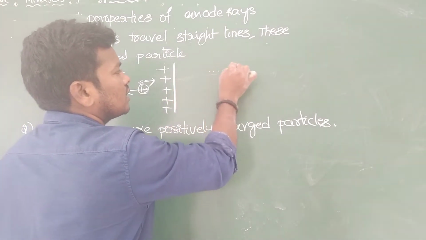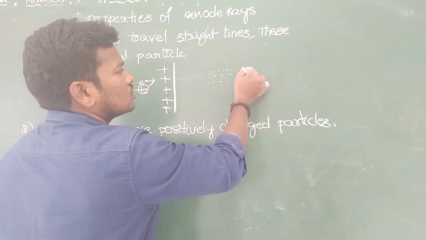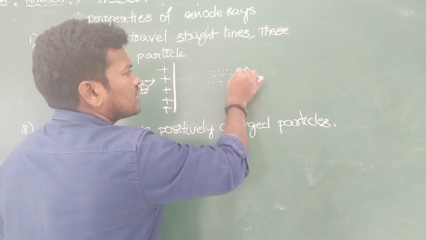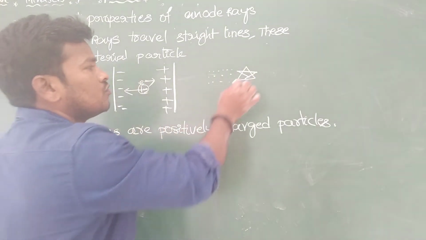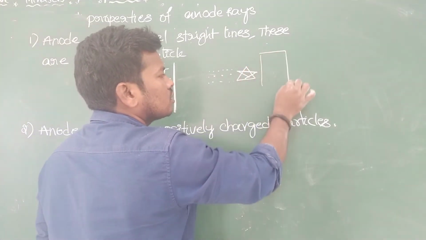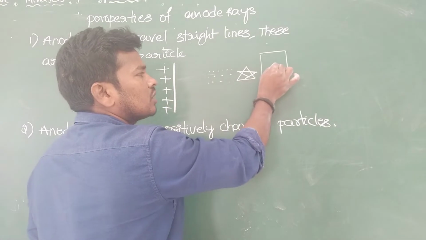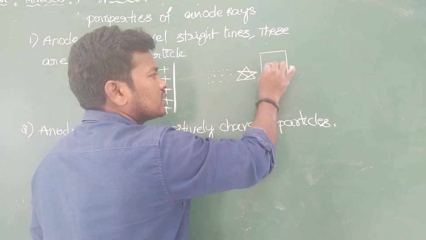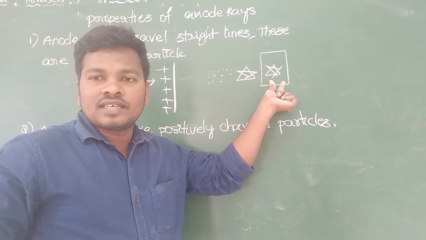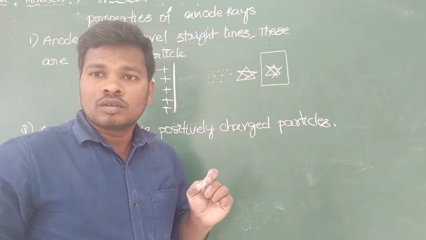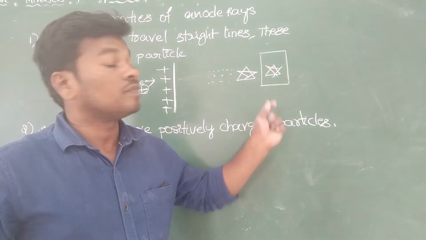Whenever these rays travel in a straight line, for example if you place any material in their path, you will get the shadow of that material on the screen, like X-rays. That's why they cast the shadow of the particular material.